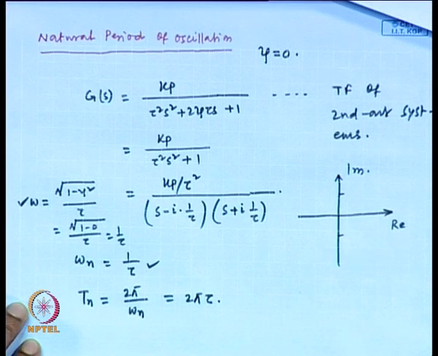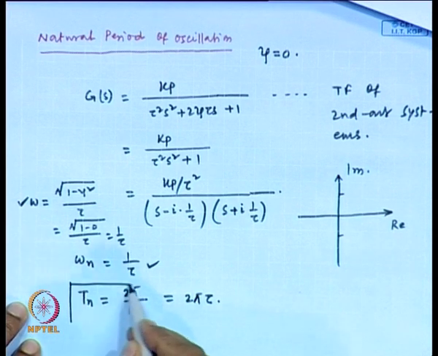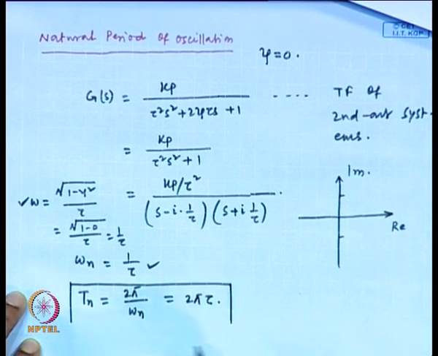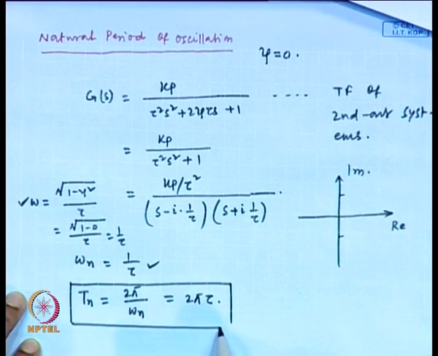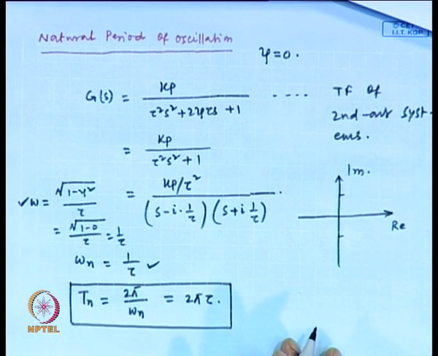Agree? So, this is the expression for the natural period of oscillation, T n equals 2 pi tau. Fine.